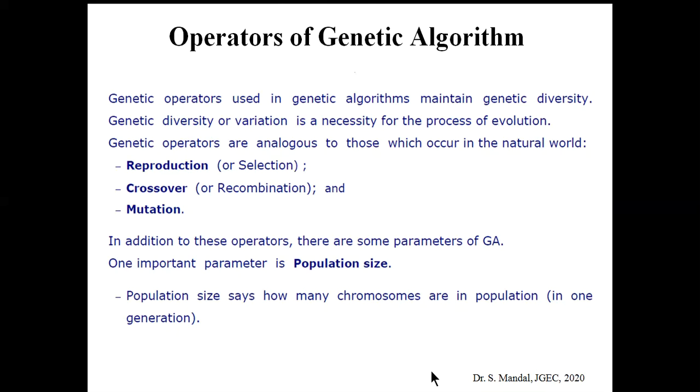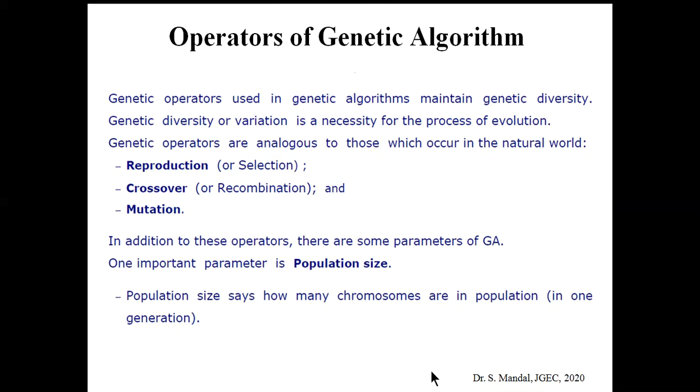First of all, the population size, that means the number of initial solutions or the number of chromosomes. And after that, you can also control the iteration number, that means how many loops you want to continue. So these two parameters can also be controlled, but in this lecture we will discuss only the main three operators, which are analogous to our natural world of genetics: reproduction, crossover and mutation.